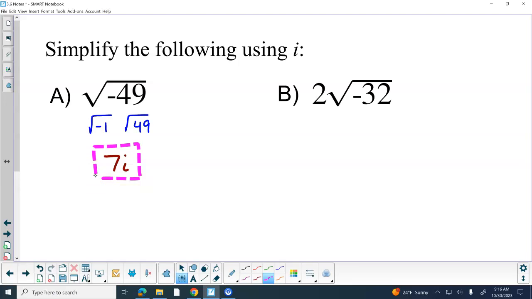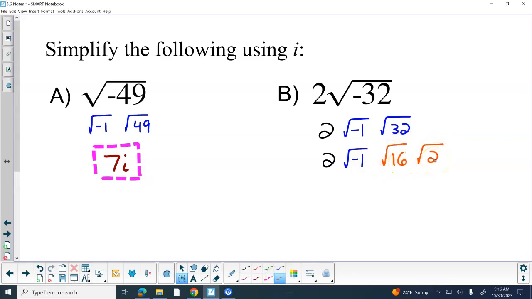This one would end up being 2 times the square root of -1 times the square root of 32. Square root of 32 is the square root of 16 times the square root of 2.